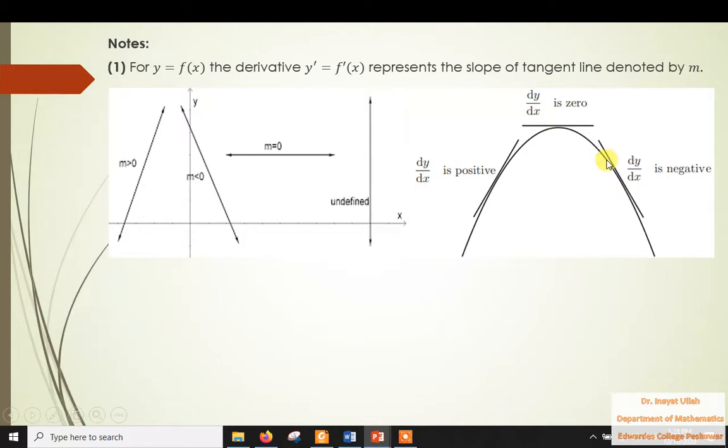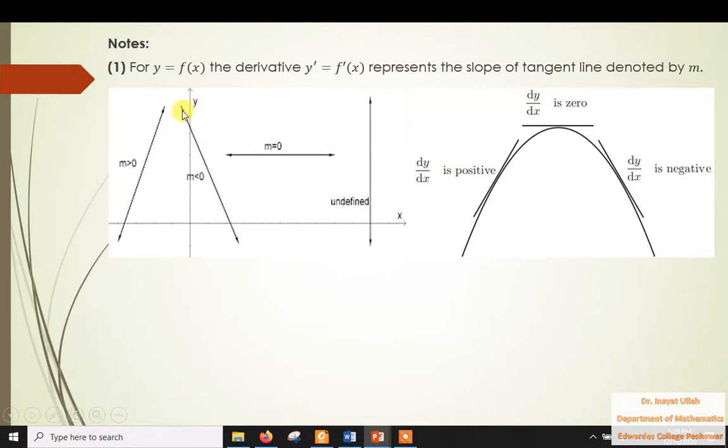This graph is the graph of a parabola, a cap shape, that is, a parabola which opens downwards. In this portion, if you draw a tangent line anywhere from here up to there, the line is inclined towards the positive x-axis.